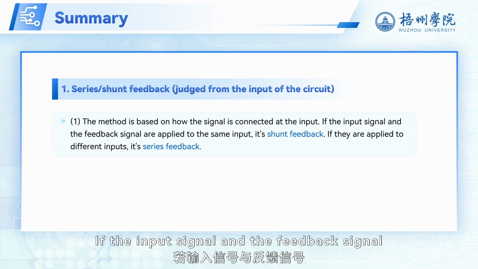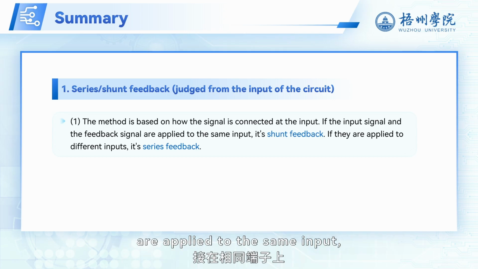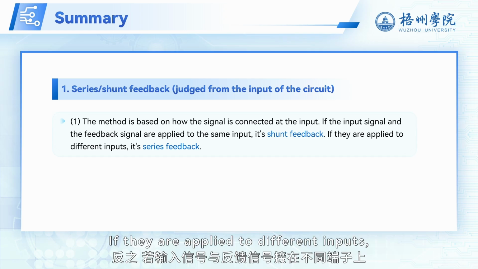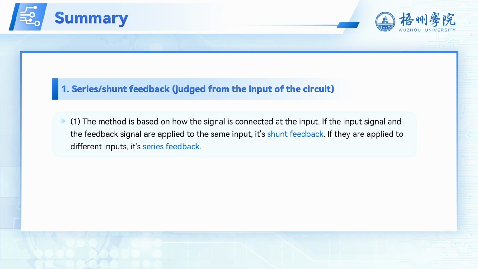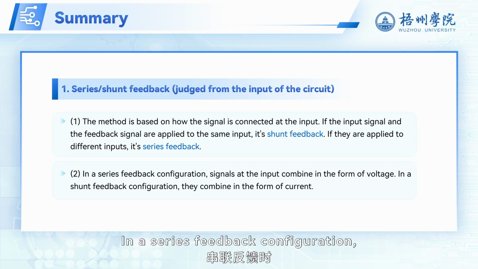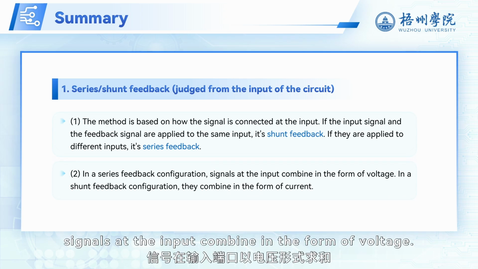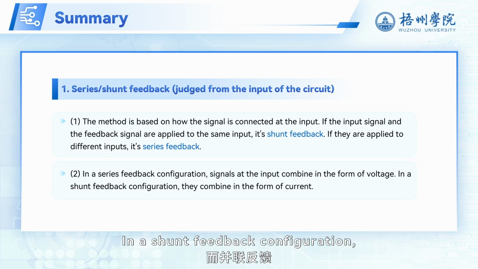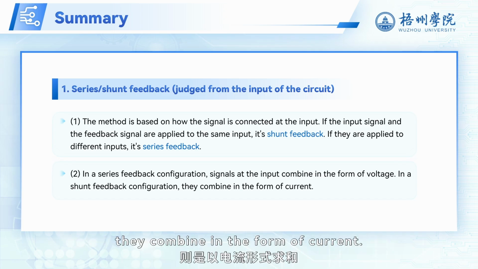If the input signal and the feedback signal are applied to the same input, it's shunt feedback. If they are applied to different inputs, it's series feedback. In a series feedback configuration, signals of the input combine in the form of voltage. In a shunt feedback configuration, they combine in the form of current.